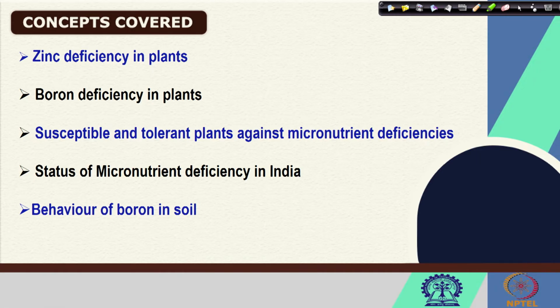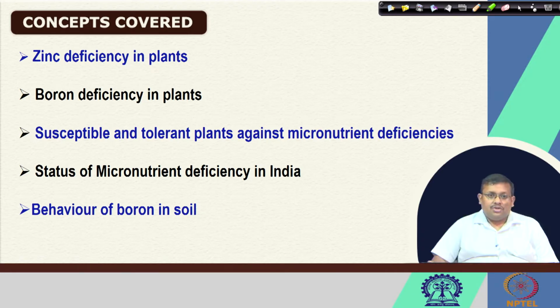First, zinc deficiency in plants, then boron deficiency in plants, then the susceptible and tolerant plants against micronutrient deficiencies, then micronutrient deficiency status in India, and then the behavior of boron in soil.